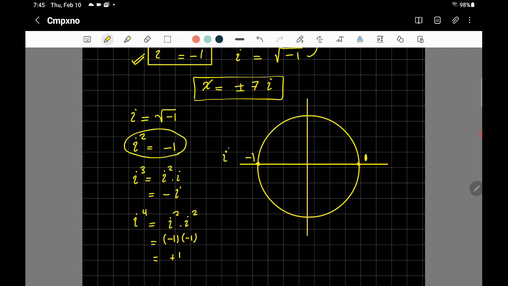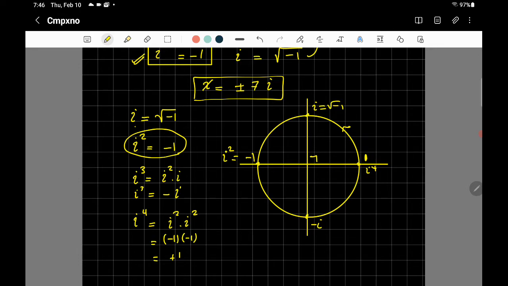So i squared is rotating by 180 degrees in this direction. So if you only want to have only i, you will be here. And if you look for i cubed is equal negative i, that will be the point negative i. And i to the power 4, you did 4 times 90 degrees, will be equal positive 1, you go back here. So you can look for i like rotating by 90 degrees. That's another interpretation for i.